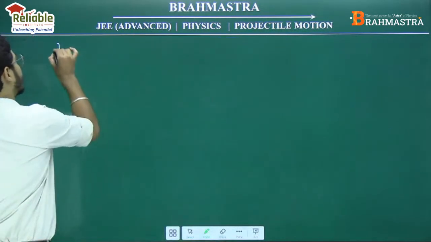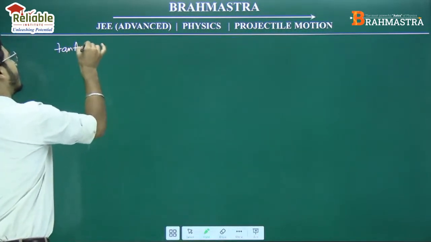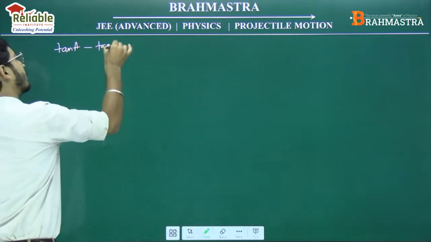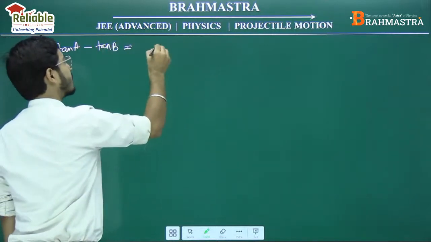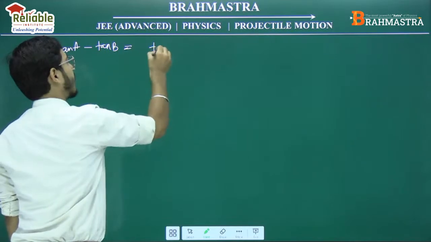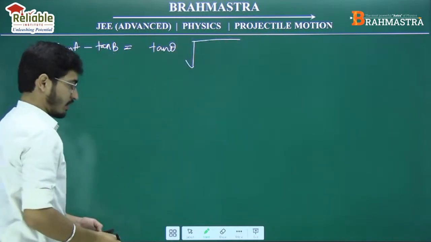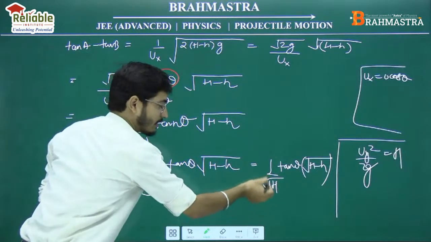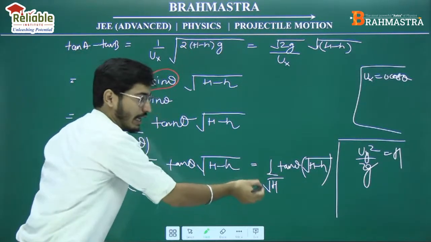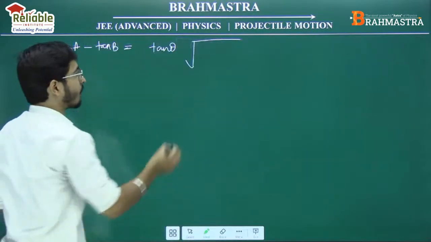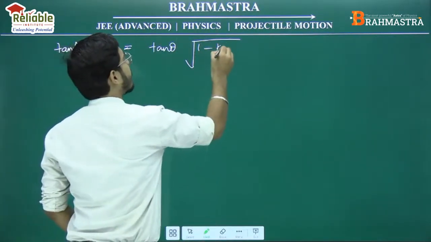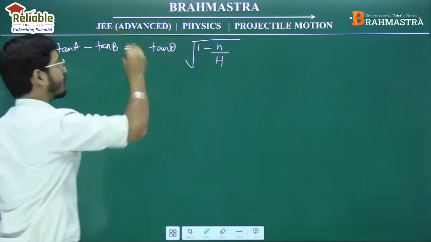Very nice. So this is tan A minus tan B. We are finally getting the value as tan theta, and then let's take this maximum height expression H inside this under root. So we are getting 1 minus h over H.